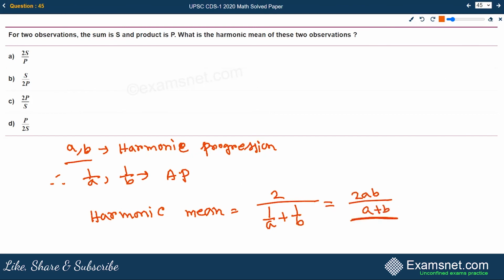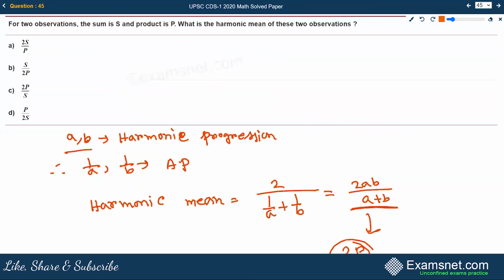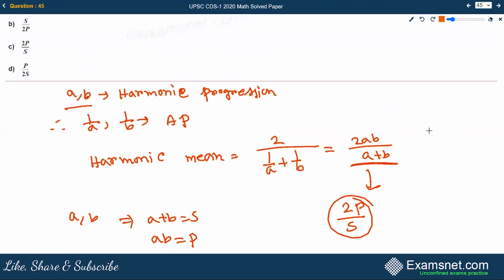This is the formula for the harmonic mean of A and B. Now look here, the sum of the two observations A and B is A plus B, which we denote as S, and the product AB, which we denote as P. So this can be written as 2P by S. In terms of S and P, the harmonic mean becomes 2P by S. So here, option C is the correct answer. 2P by S is the harmonic mean of A and B. Option C is the correct answer here.